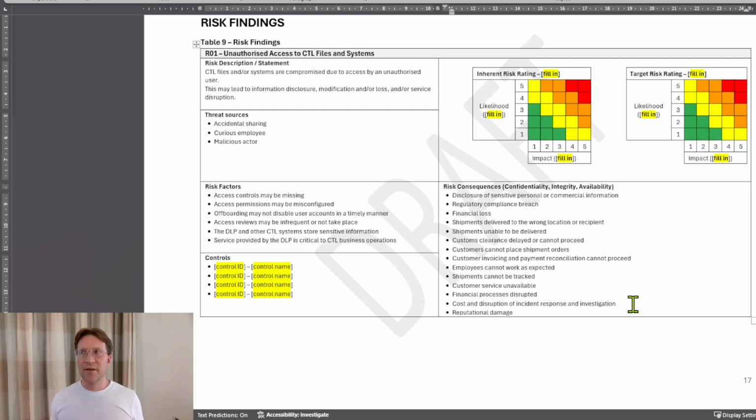We also have the fact that if you do have some kind of problem, some kind of breach or incident, we'd have to, at the very least, have some people investigate what was going on. You potentially have the cost of bringing in outside investigators, if not just the disruption of your own teams not being able to do what they normally do because they've got to figure out what went wrong.